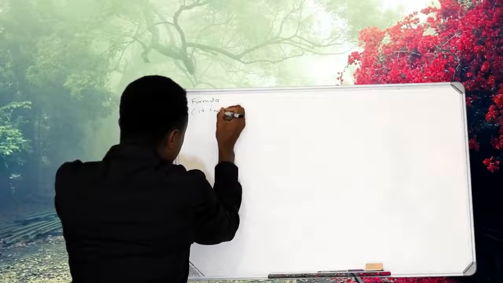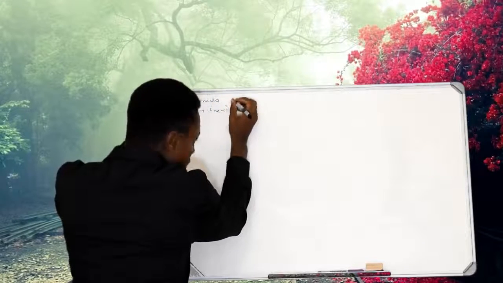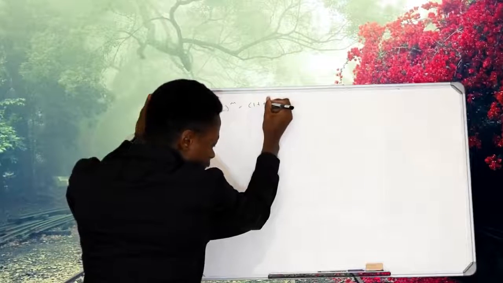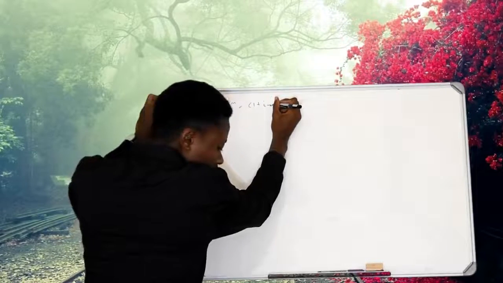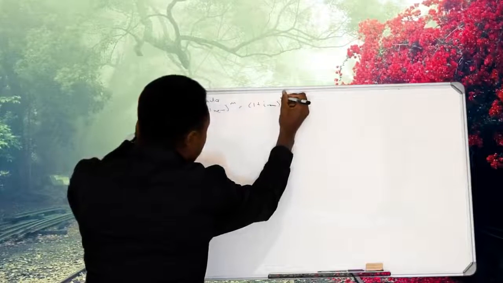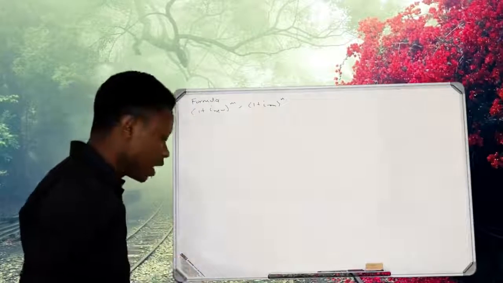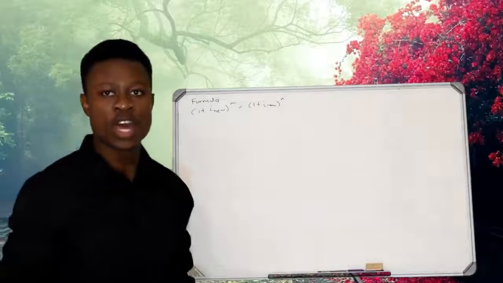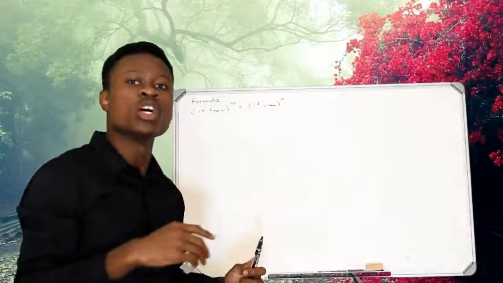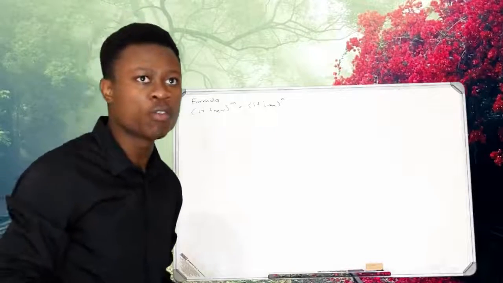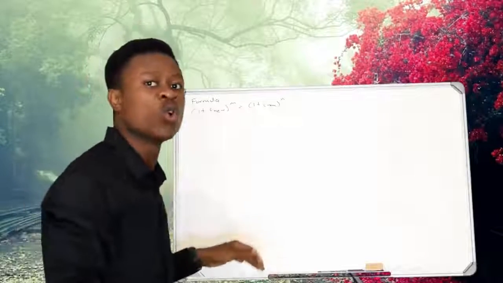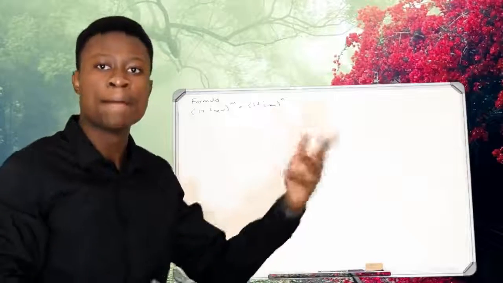(1 + i_new)^m = (1 + i_nominal)^n, right? So what is i_new? i_new is the new value that you have that is compounded to the new value. So if you say converted to compounded monthly, now i_new will be the interest rate compounded monthly.